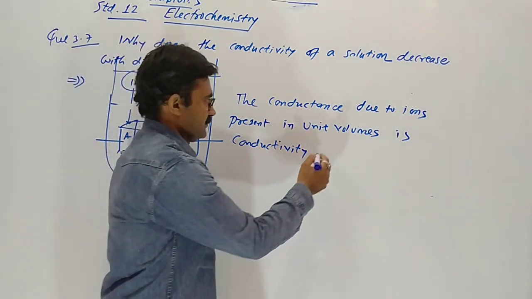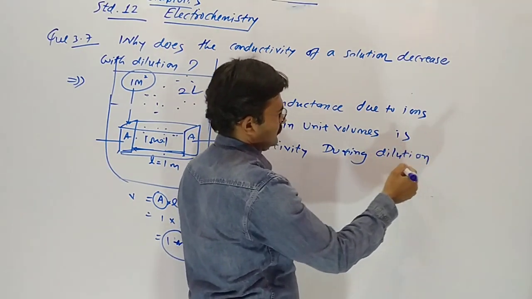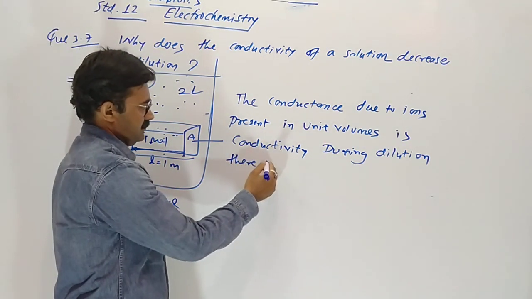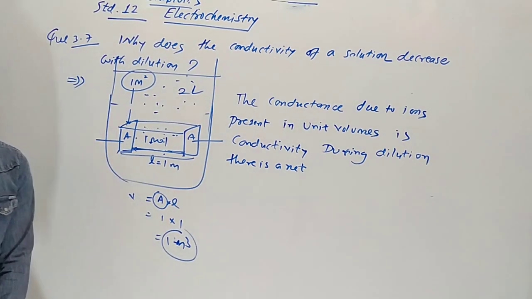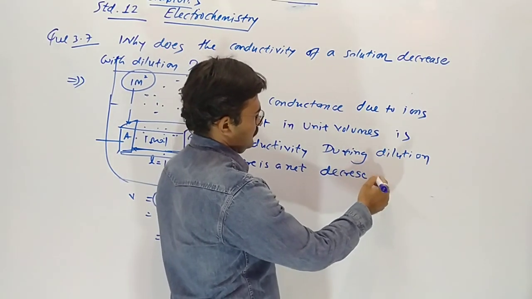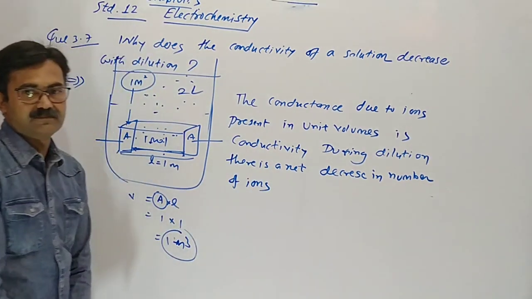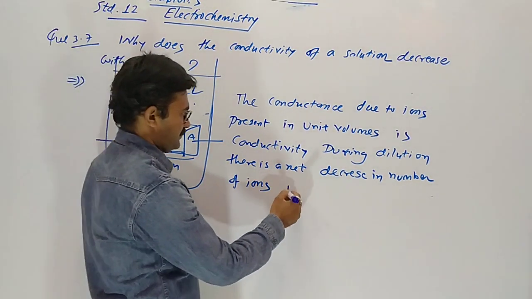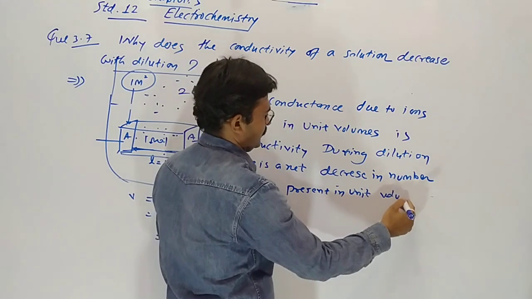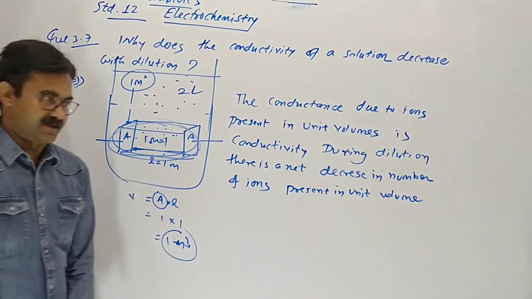During dilution, there is a net decrease in the number of ions present in unit volume of solution.